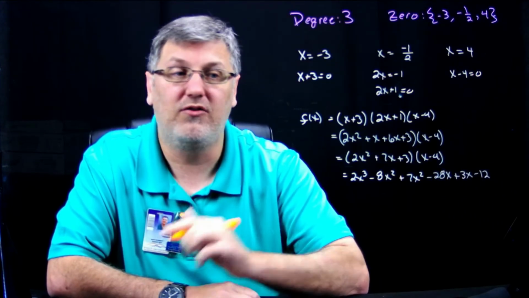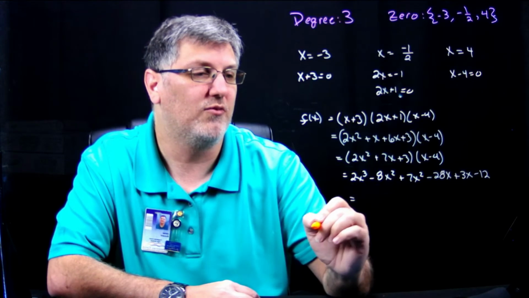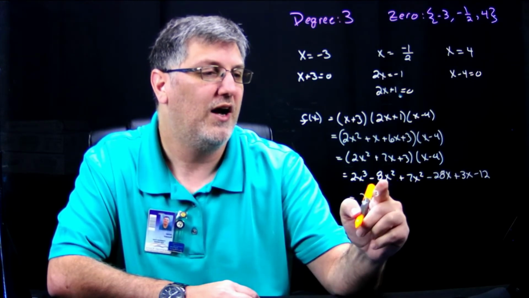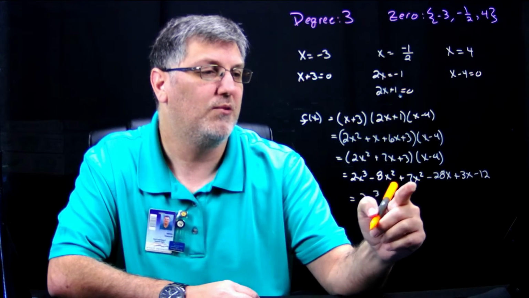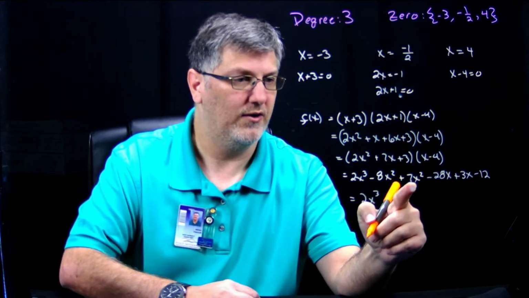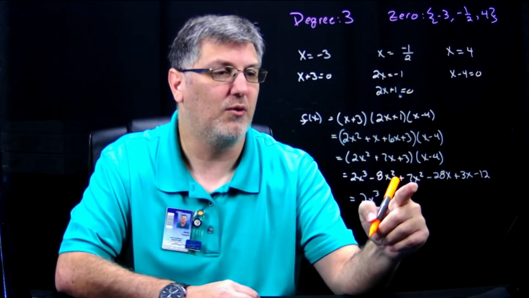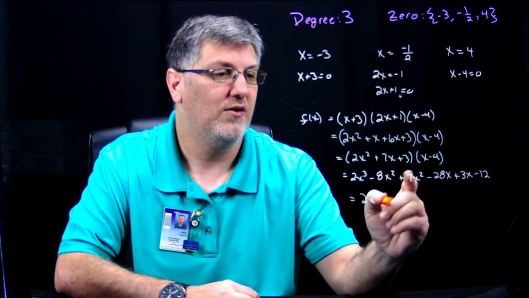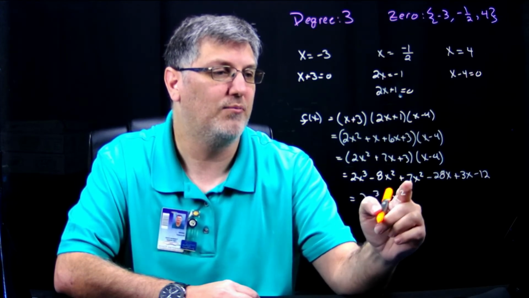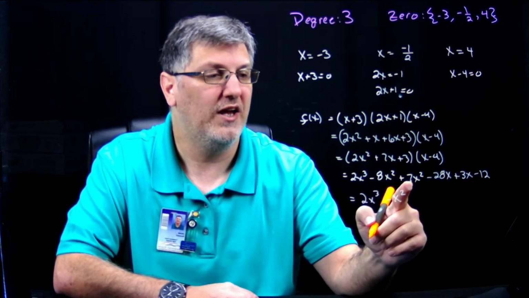All I have to do is gather up all my like terms and combine them. I only have one x cubed, so it's 2x cubed. I have -8x squared plus 7x squared, which gives me -x squared, because -8 plus 7 gives me -1.